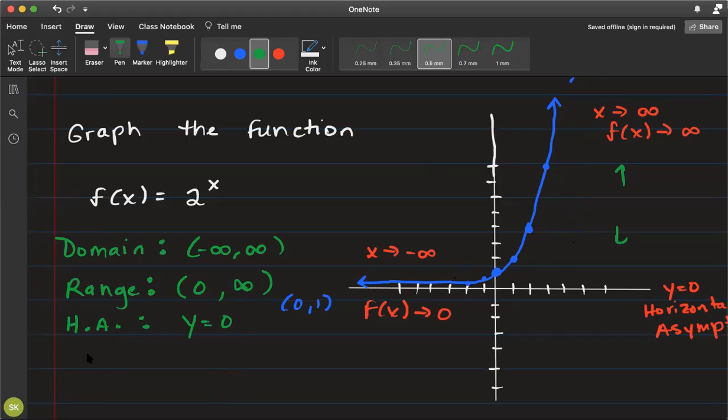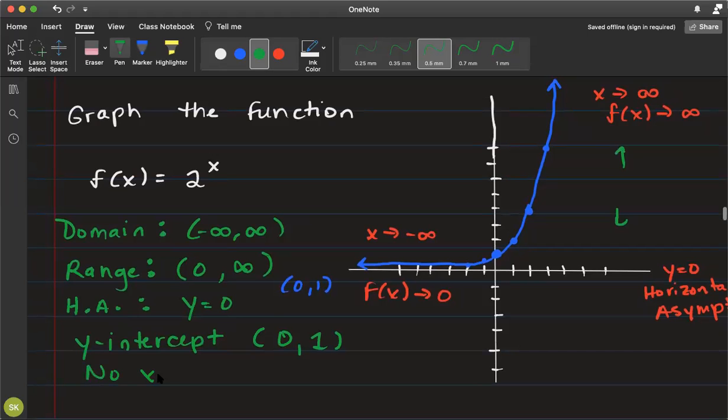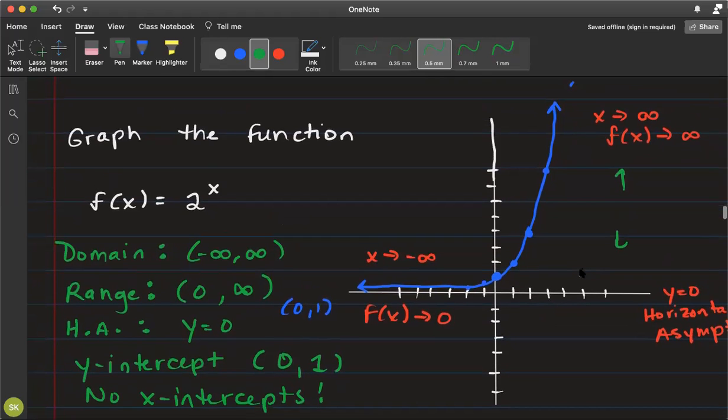And notice that we have a y-intercept at (0, 1), because when we plugged in 0 for x, we got 1. But there are no x-intercepts. We don't ever cross this x-axis here.